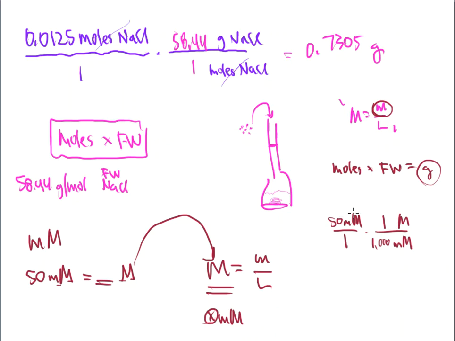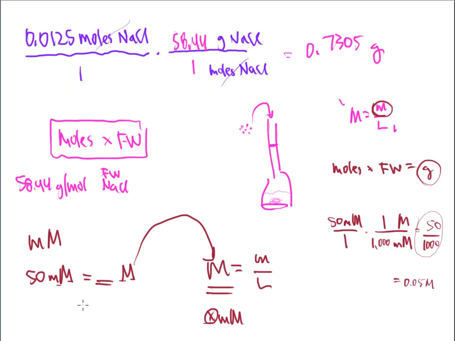So I'm going to take 50 times 1, which is 50. And then I'm going to do 1 times 1,000, which is 1,000. So my answer here at the very end says I need to take 50 and I need to divide it by 1,000. And if I do that, I'm going to get 0.05. That is the number that I now use in the actual molarity problem, right?